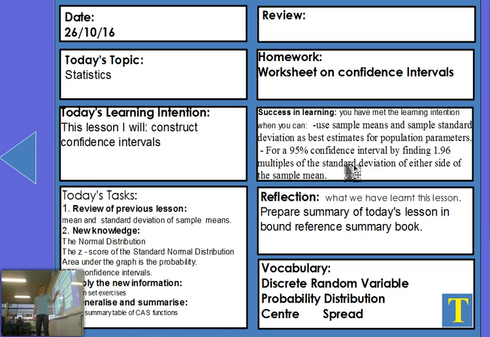And we're going to form 95% confidence intervals, okay? And we're going to see that the interval is found in this description. It's a multiple of 1.96 standard deviations on either side of the sample mean, or sample proportion. Now that means forming an interval.